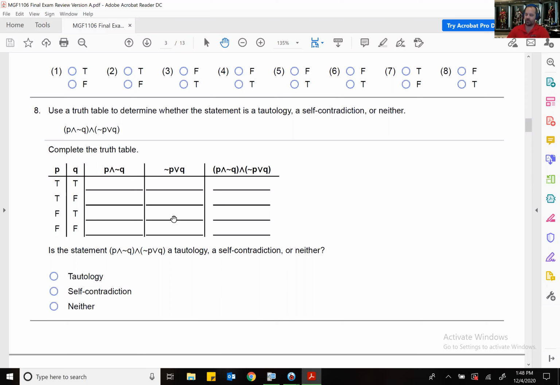So I'm going to put those 2 columns back in, which are the negation of P and the negation of Q. And then we'll have their columns, P and negate Q, then the negate P or Q, and then the whole sentence: parenthesis P and negate Q and parenthesis negate P or Q. True, true, false, false, true, false, true, false.